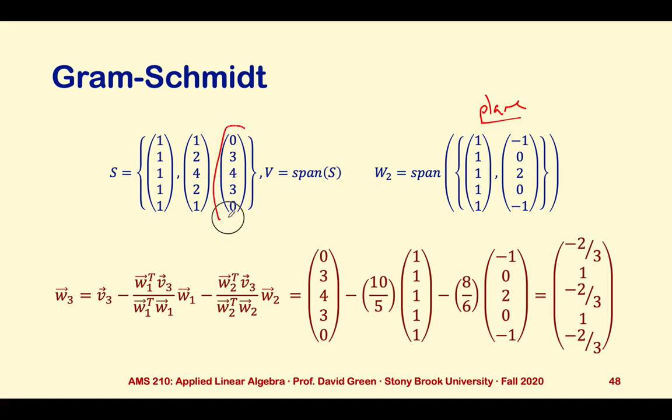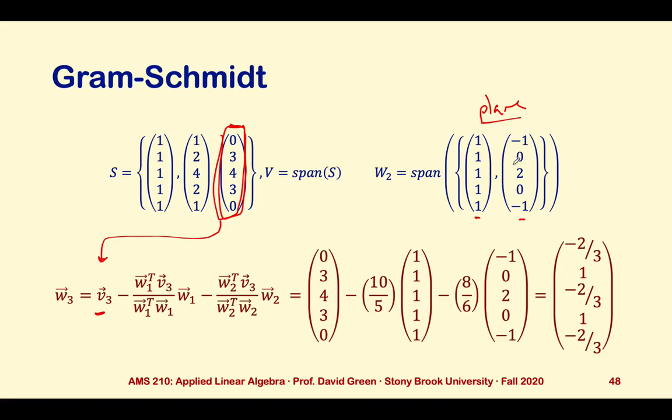We take the third vector from the set and use that as a starting point, subtract off the projection onto the 2 previous vectors we have already seen. At this point, it is very important to remember that we are taking the projection of one of the original set onto the new set.